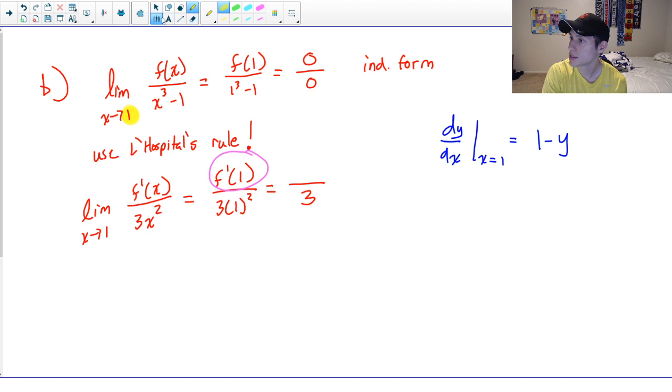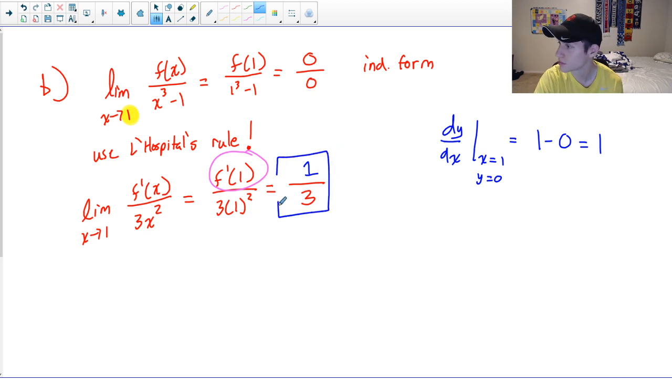So whenever I say x equals 1, that's also the same spot that y is 0. So instead of 1 minus y, I have 1 minus 0, which is just 1. So that limit is 1/3. So it's just connecting all of our pieces together that we have from our initial conditions.